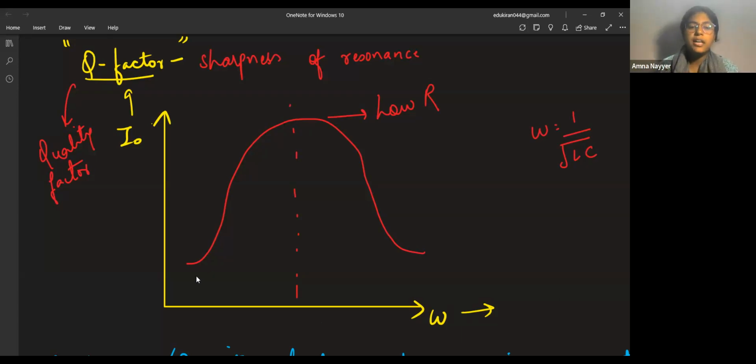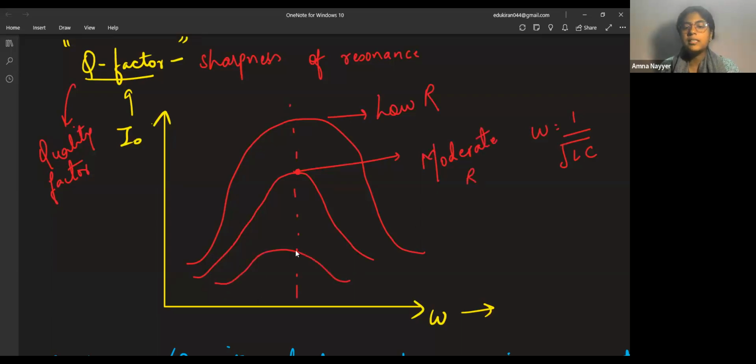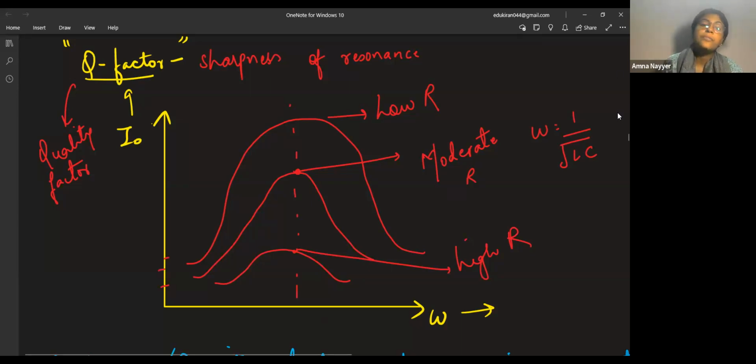Now somewhere if I go here, this becomes moderate resistance. And when we're talking about this point, this is a very high value of resistance. Why? Because of the values of current, if you see the values of current. Okay, class. So yes, quality factor.